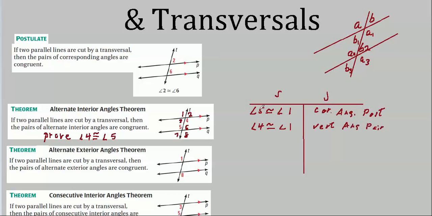Now we have angle 5 is congruent to angle 1, angle 4 is congruent to angle 1, so we have angle 5 is congruent to angle 4. And that would be the transitive property of congruence.